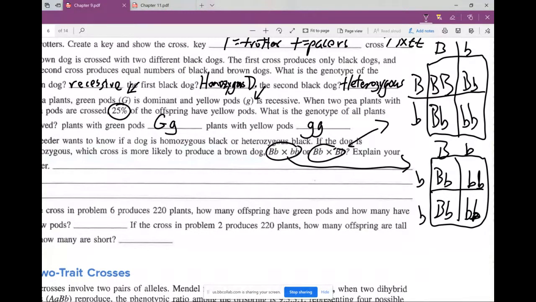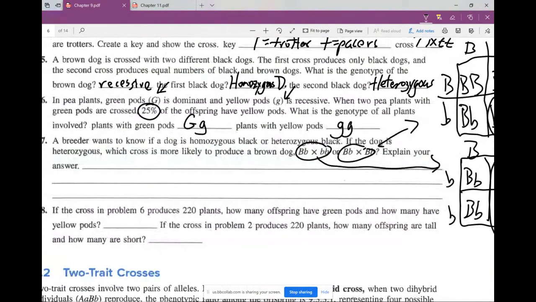Okay. In this case, like I said before, 3-to-1 ratio, right? Only a quarter of the offspring will be brown, but here half of the offspring will be brown. All right, so you have your answer. Big B by little b, little b. Big B, little b by little b, little b, because this cross will give a 1-to-1 ratio.